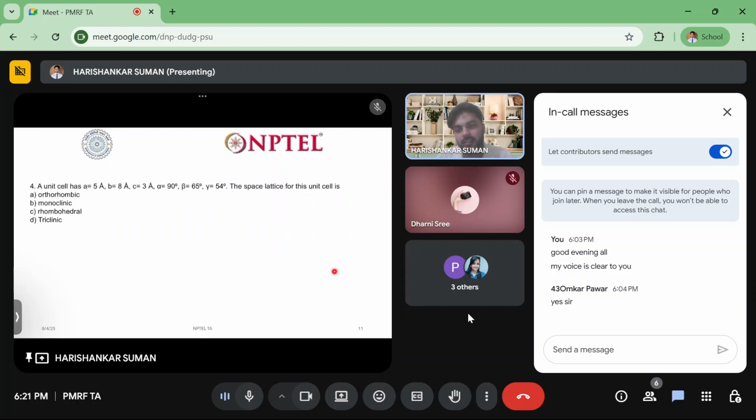A unit cell has A equal to 5, B equal to 8 angstrom, C equal to 3 angstrom, and alpha is 90, beta is 65, gamma is 54. The space lattice for this unit cell is orthorhombic, monoclinic, triclinic, or rhombohedral. Which type?